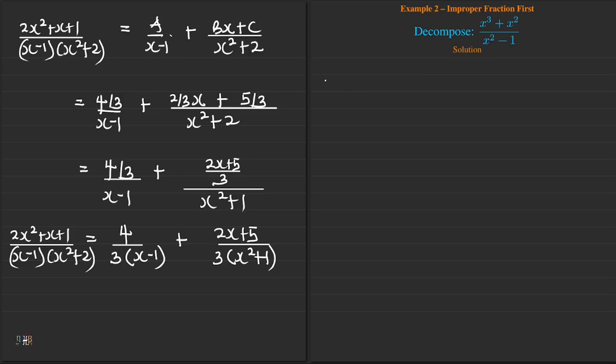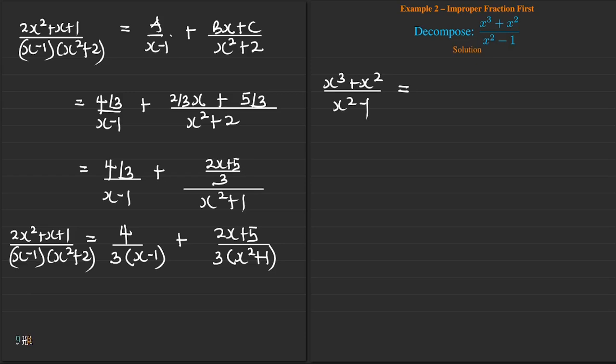So before we can apply partial fraction, we must first of all perform the polynomial division, for x cubed plus x squared all over x squared minus 1. Now, before we do that, we'll have to make sure we have the degrees in descending order.